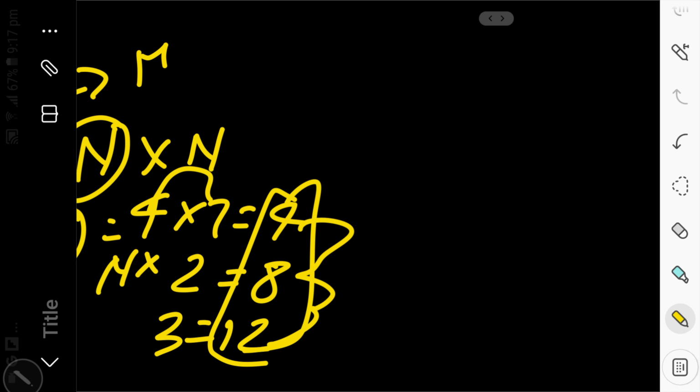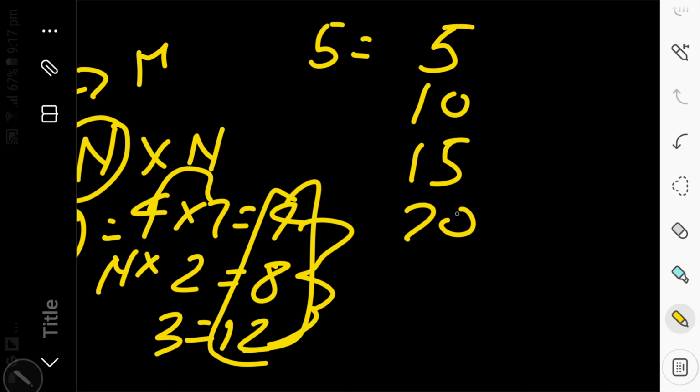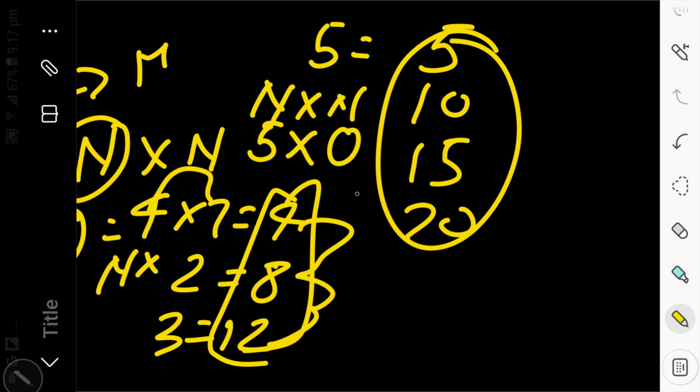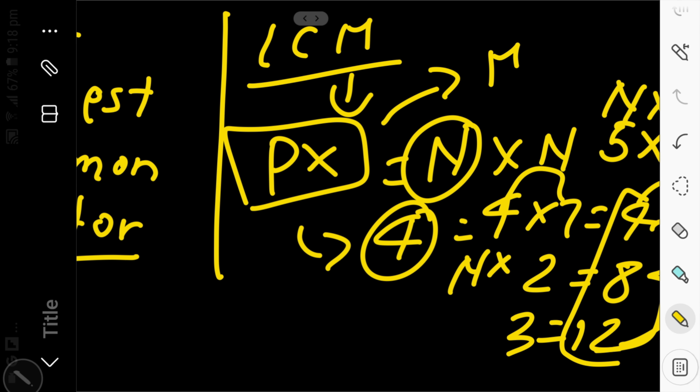I will give you another example. The multiples of 5 are 5, 10, 15, 20, which is the product of multiplying 5 with other numbers from 1 to infinity. I hope you understand what multiple is. It just means the multiplication table of a number.